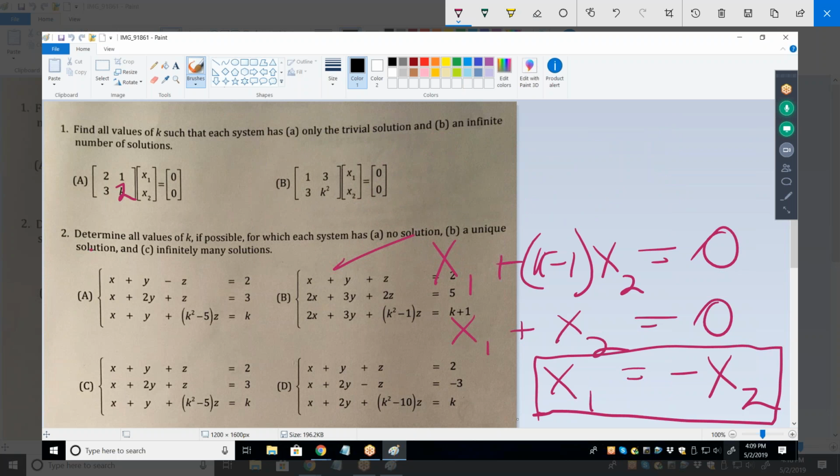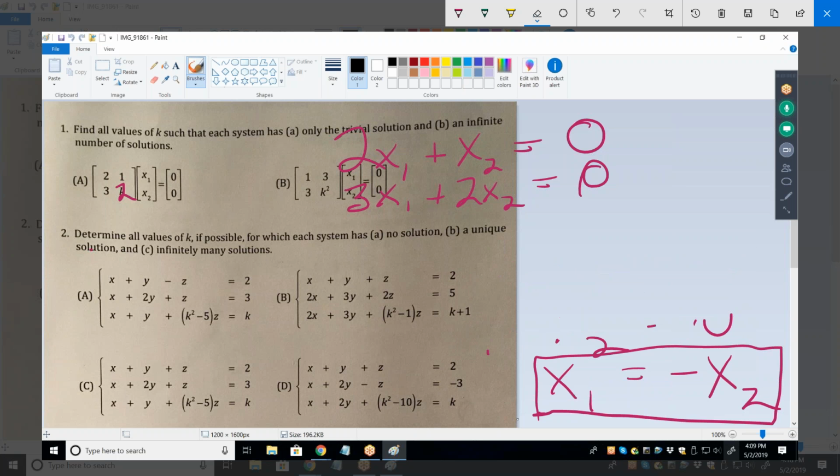So now I have 2x sub 1 plus x sub 2 equals 0, and I have 3x sub 1 plus 2x sub 2 equals 0.